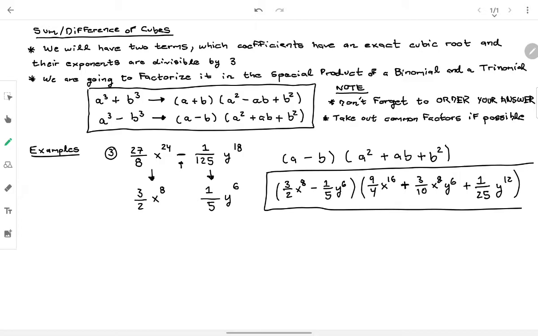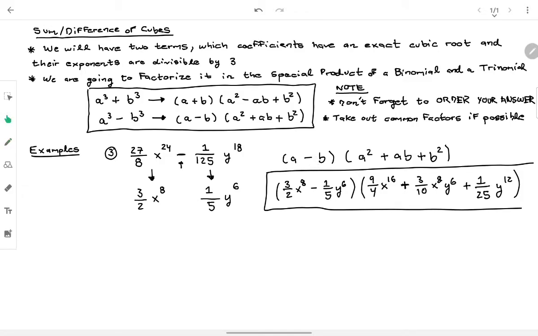So it doesn't matter that we have fractions. If the fractions have a specific cubic root that it's exact, then we can use the rule of sum or difference of cubes. So remember, maybe the important part, and where many people make mistakes, it's because of the signs.